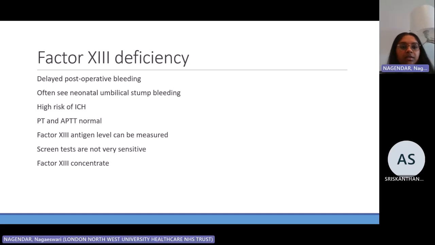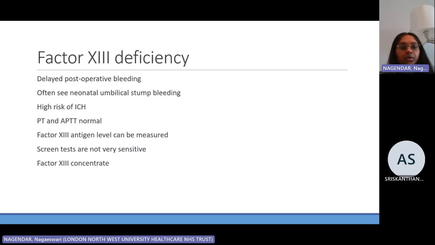Okay, so moving on, we've got factor 13 deficiency. Now, this can often cause delayed post-operative bleeding. So we're talking about 6 to 24 hours after having surgery, they might then start bleeding. And you often see this in neonates when the umbilical stump after being cut does not stop bleeding. They have a very high risk of intracranial hemorrhages.